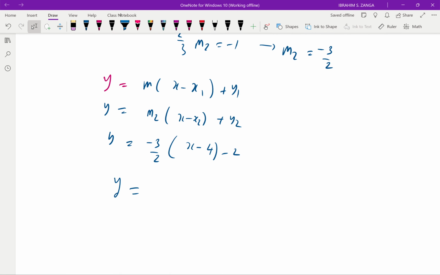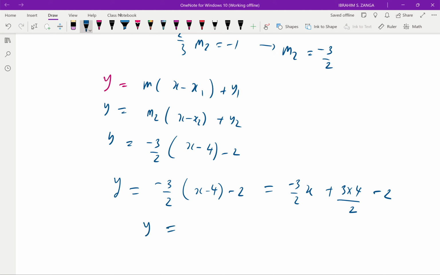You simplify further, you have now negative 3 over 2 (x minus 4) minus 2. You open the bracket, it is equal to negative 3 over 2 x plus 3 times 4 over 2, negative, of course, becomes positive, minus 2.